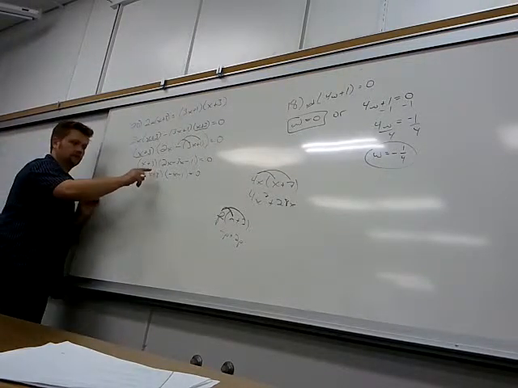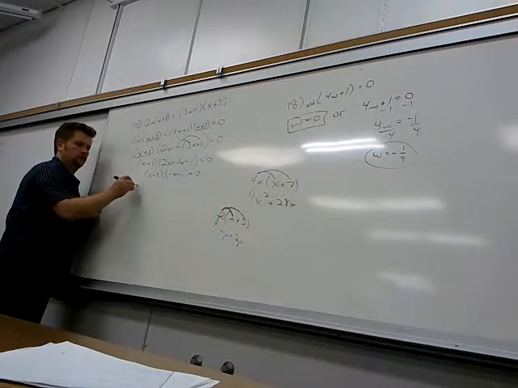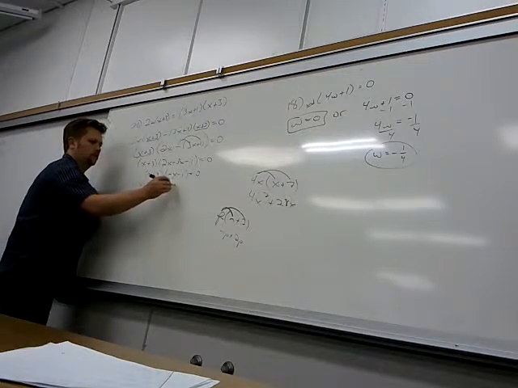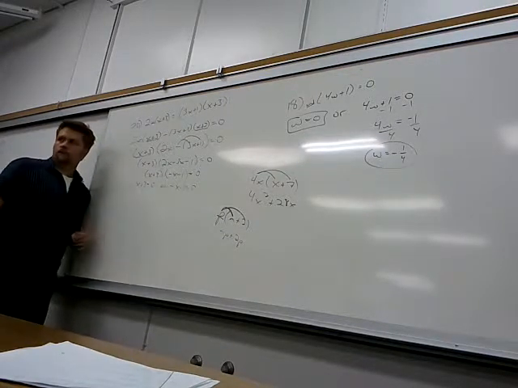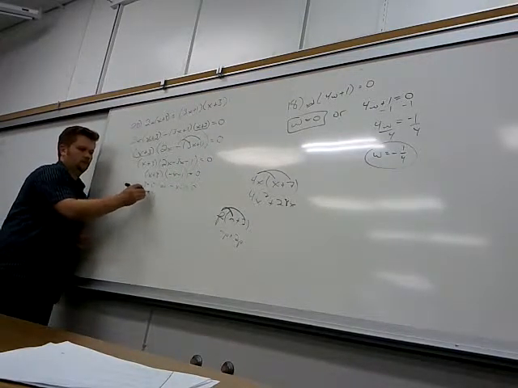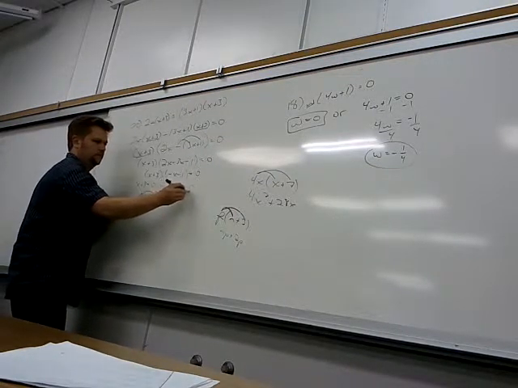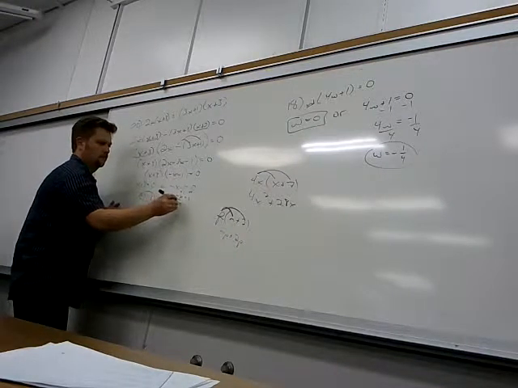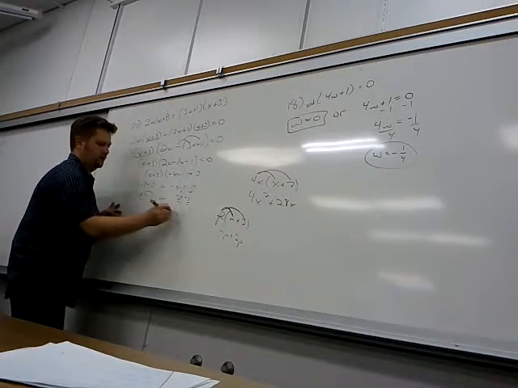Why am I allowed to do that? Because it's something times something is 0. So either this is 0 or this is 0. And then solve those. So this would be negative 3. This one, you finally get negative 1.